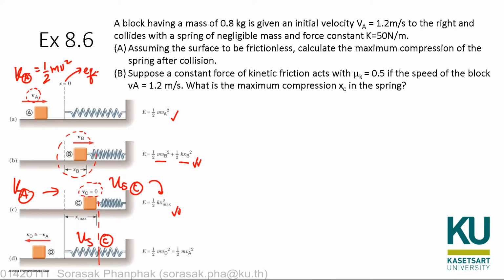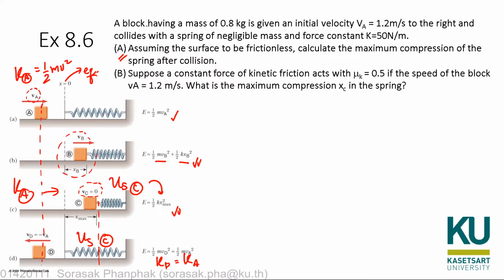So at this position, if position A is at the same position as D, and the system is conserved, that means the kinetic energy at position D is equal to the kinetic energy at position A. So from this diagram, we predetermine that there's no friction involved in this condition.